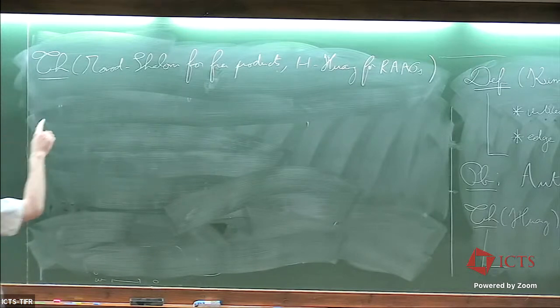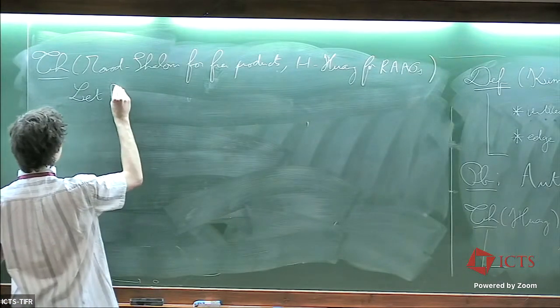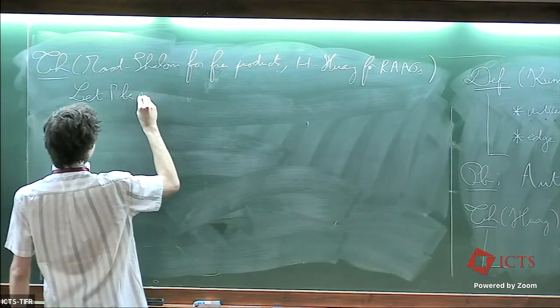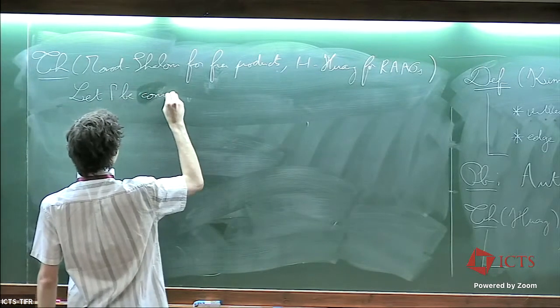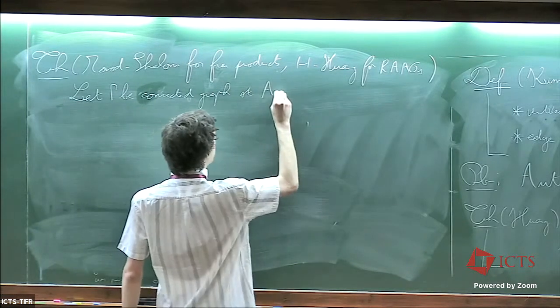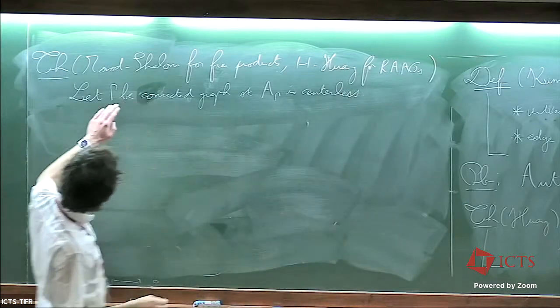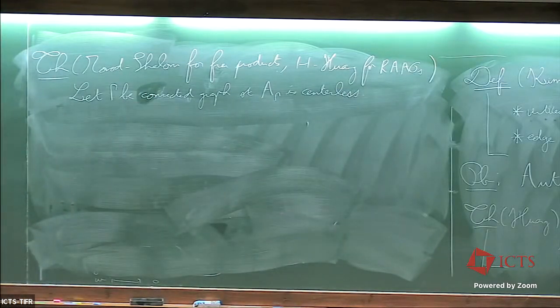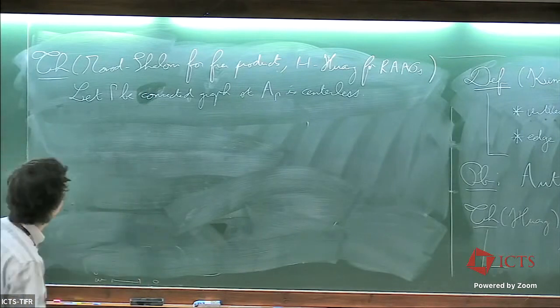And we could prove the following. So let Γ be a connected graph such that A_Γ has trivial center. So Γ is connected, and I also need to impose that there is no vertex that is joined to all other vertices. But nothing more. You don't have this finite Out condition, whatever.